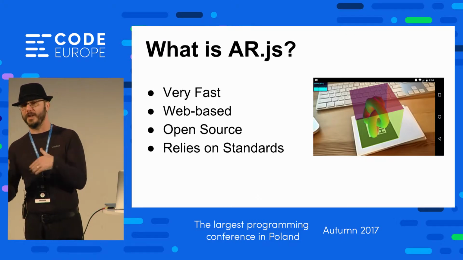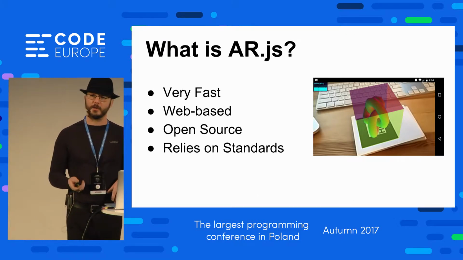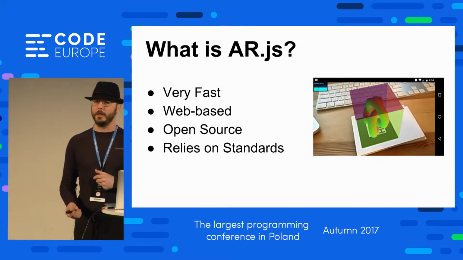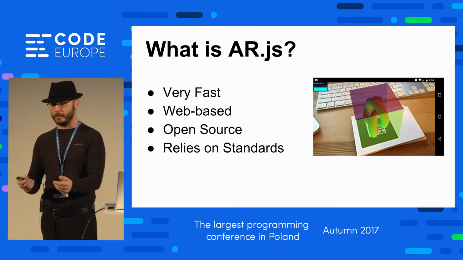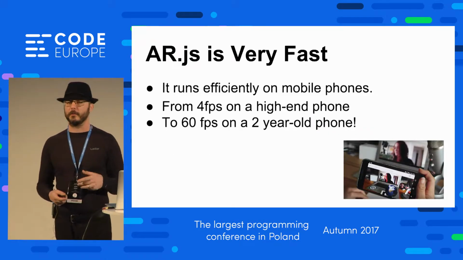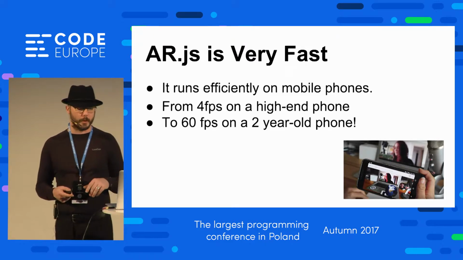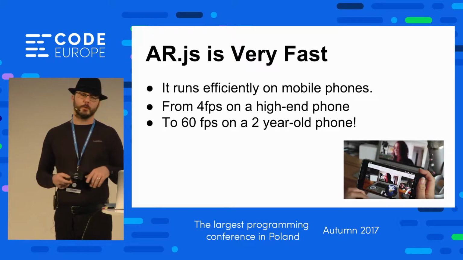AR.js has four key components, four axes to define it. First, it's very fast. It has to run fast in order to be immersive. If you move around and your augmented reality gets sketchy, suddenly it's not immersive. Augmented reality has to be immersive. Second, this is web-based, so it runs within the browser.